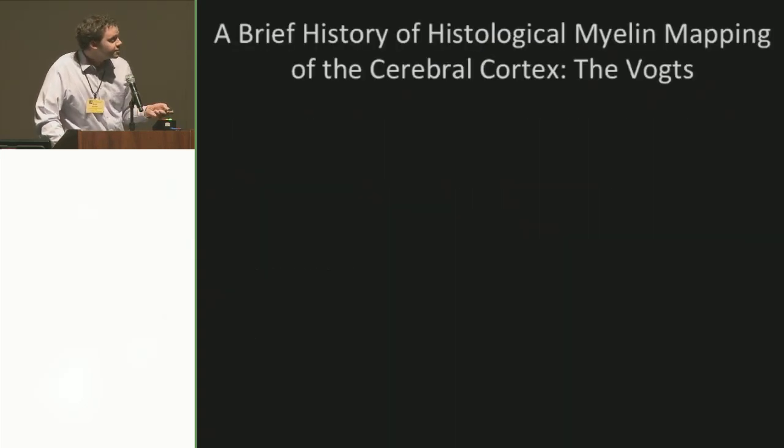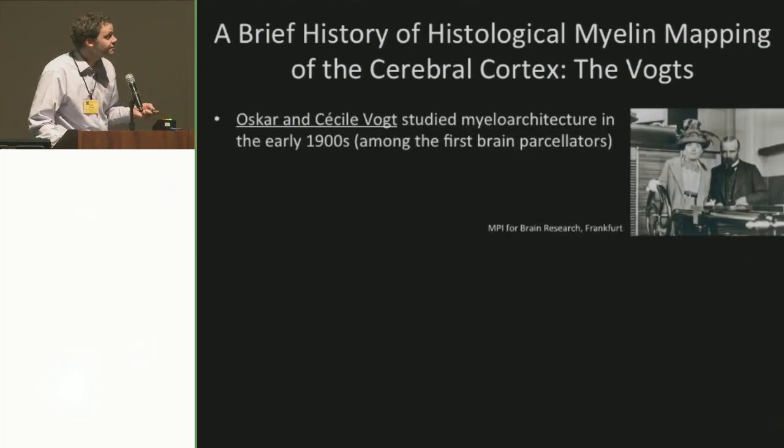So, very briefly, a historical perspective on myelin mapping of the cerebral cortex. It actually goes back to the Vogts, Oscar and Cécile Vogt, who were among the first brain parcellators.